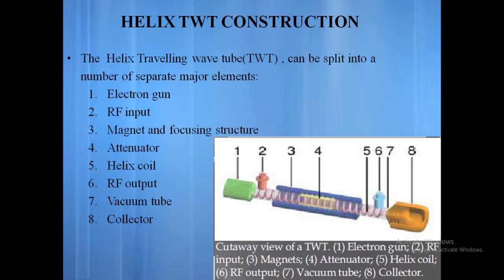Now let us see the construction of the helix traveling wave tube. The helix traveling wave tube can be split into different parts, which are electron gun, RF input, magnet and focusing structure, attenuator, helix coil, RF output, vacuum tube, and collector.